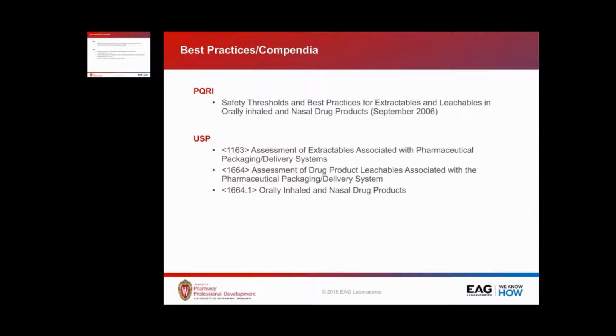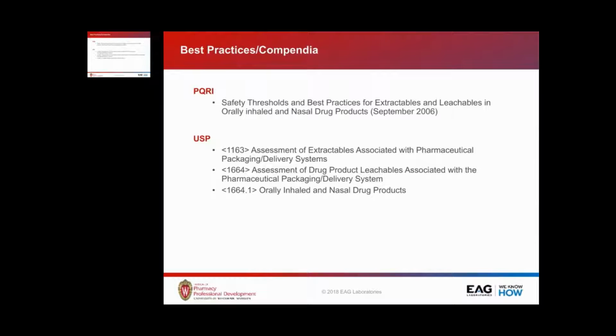The USP very recently published their chapters 1663, 1664, and 1664.1. Of course, 1663 deals with specifically extractables, whereas 1664 and .1 both deal with leachables, with 1664.1 really specifically, again, dealing with inhalation products.